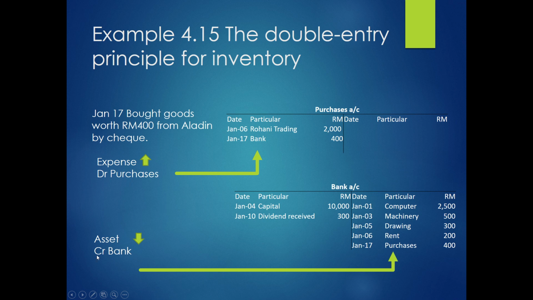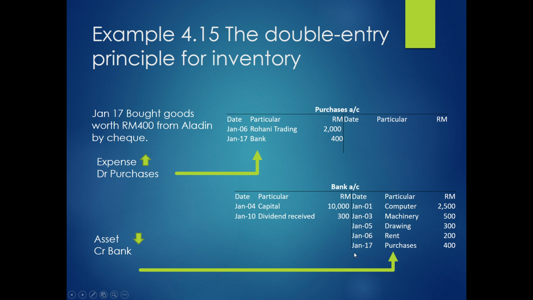And the other effect is bought goods by check, means that you have to withdraw your money from the bank. So when the business withdraw money from the bank, asset bank will decrease. So the amount will be recorded on the credit side.